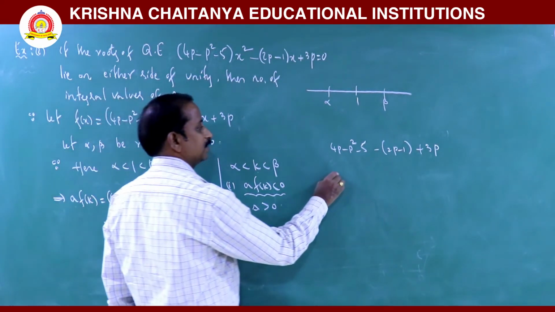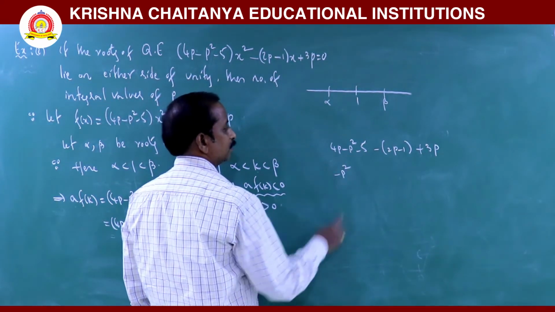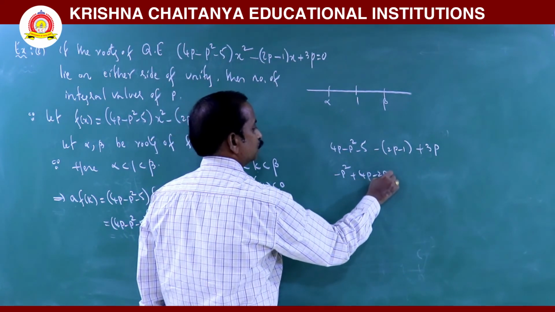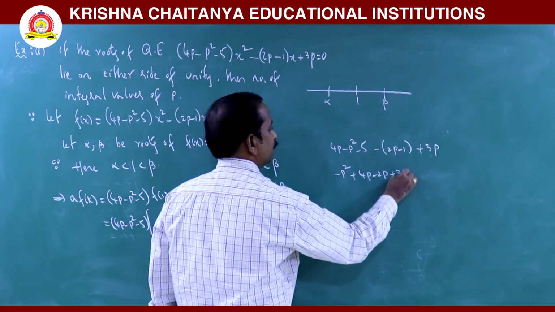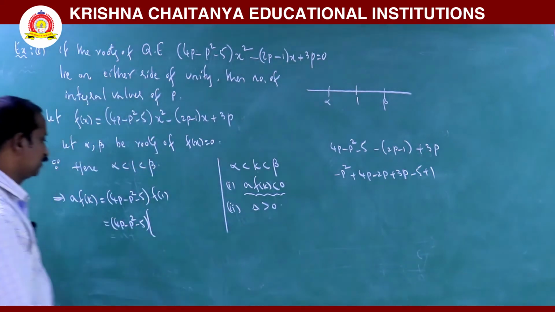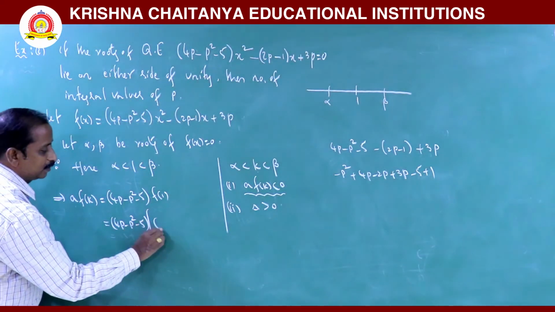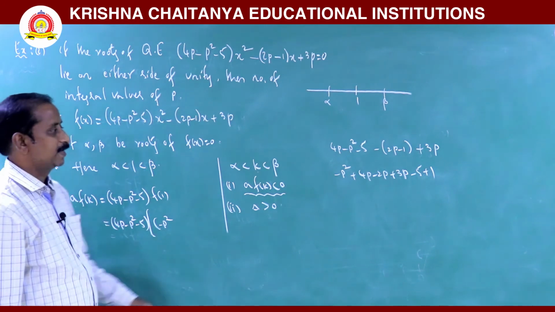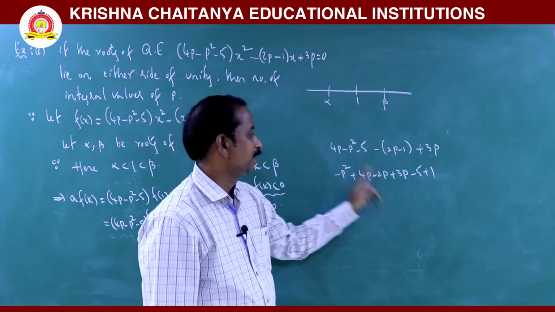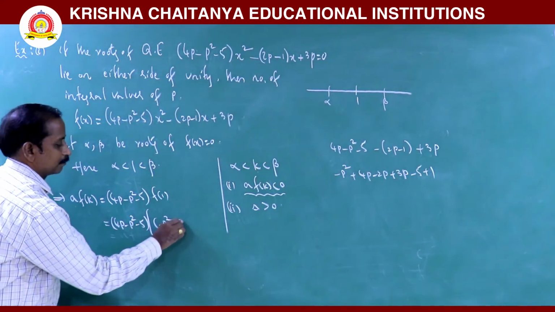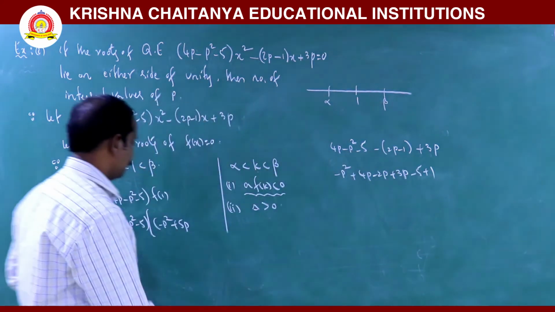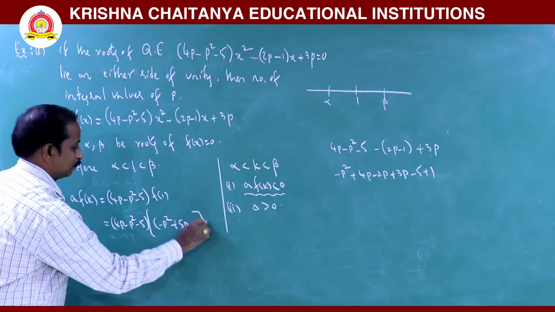After simplification, in order: minus p square, 4p minus 2p plus 3p is 5p, and the constant term minus 5 plus 1 is minus 4.